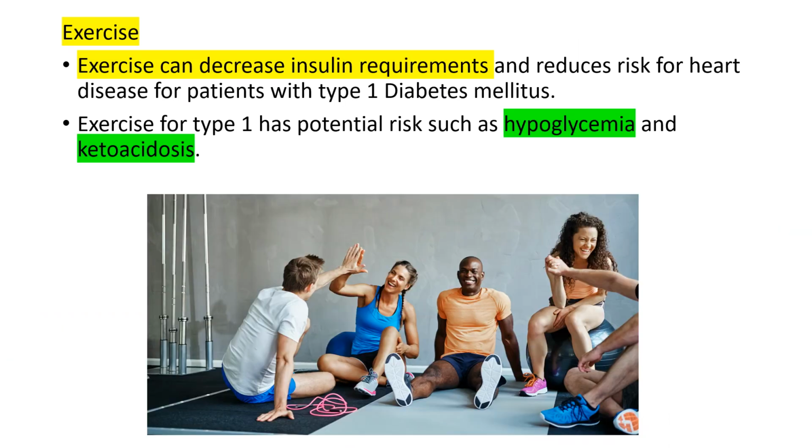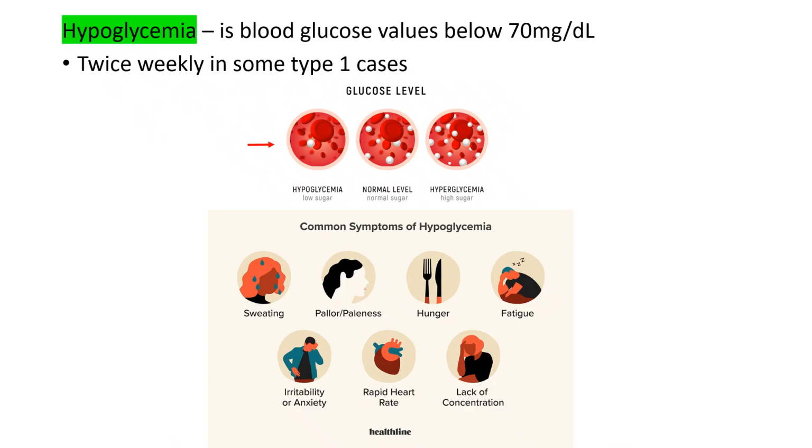The exercises can have a double-edged sword. Exercises can decrease insulin requirement, which is the good thing. But exercise can also create hypoglycemia, where the body has not enough glucose at all, and that is a bad thing. So let's spend a quick second talking about hypoglycemia.